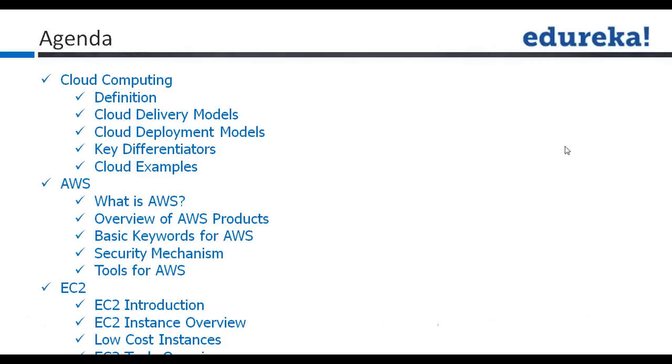The last point, again, I'm just repeating, is EC2 tools overview. So you would be able to see that. Okay, I'll see if we can do something for you, or whenever possible I'll speak the last line out for you, so you don't feel you're missing something. The last line here is the EC2 tools overview, which we will be seeing.